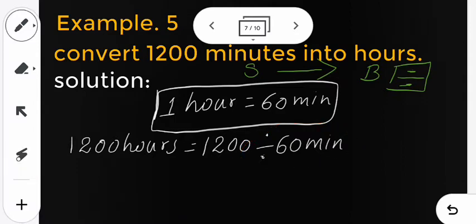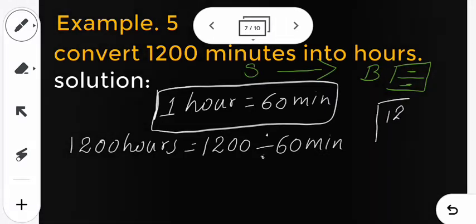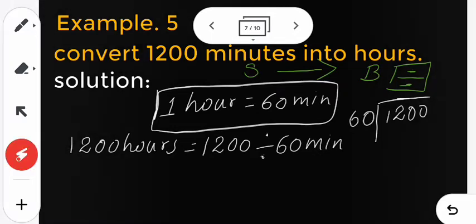Okay, now let's divide the ordinary way. I will teach you how to divide 1200 divide by 60. Here you may think that 60 is a bigger number, so how to divide? For this, very easy.